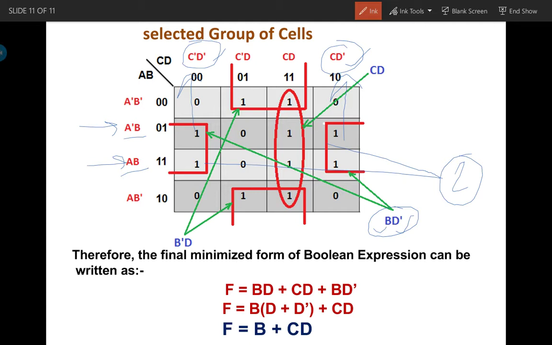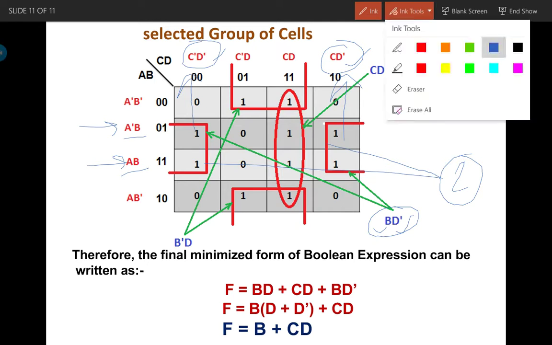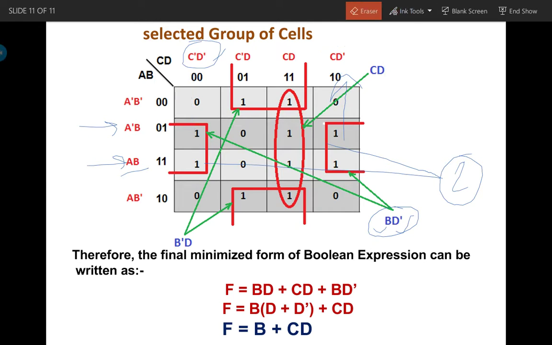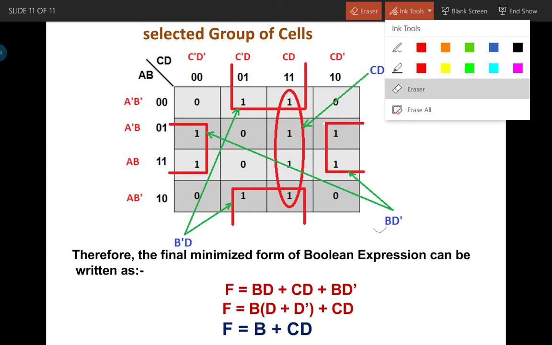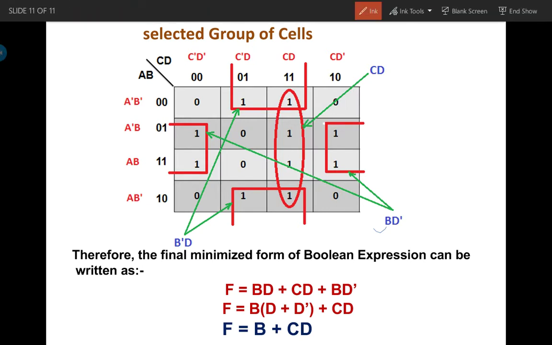Right? Similarly, now for the third group, it is this one, right? So top and bottom make the third group. On the horizontal side, it covers the first and the fourth row.